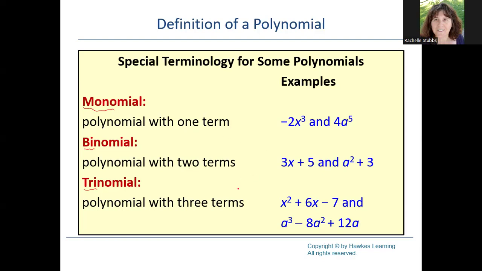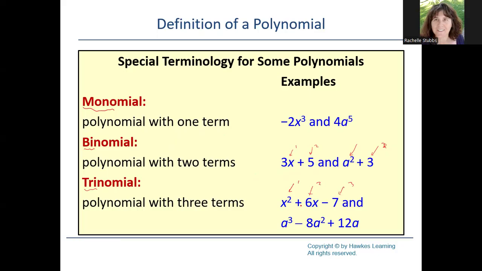In other words, it's going to have a plus or minus sign in between. So 3x plus 5: here's term number 1, here's term number 2. And a squared plus 3, term number 1 and term number 2. So that makes it a binomial. A trinomial will have three terms: term 1, term 2, and term 3.